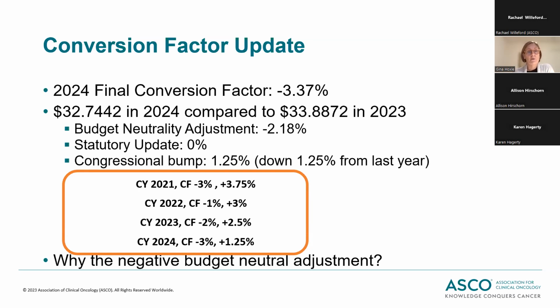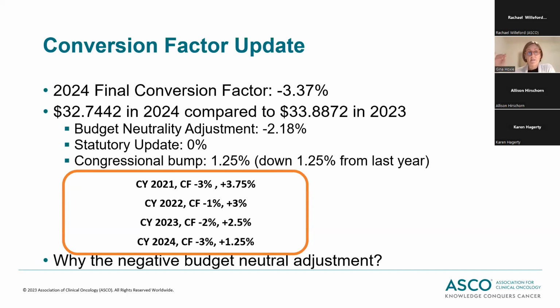And this was for two primary reasons. Partially, it was to offset all of the redistribution of money due to the changes for the office and outpatient E&M. And then also because the pandemic was going on and they were really trying to make sure that practices had the resources they needed during the pandemic.